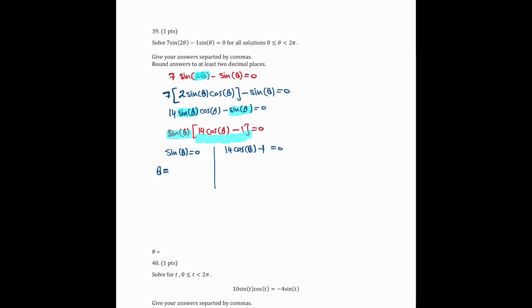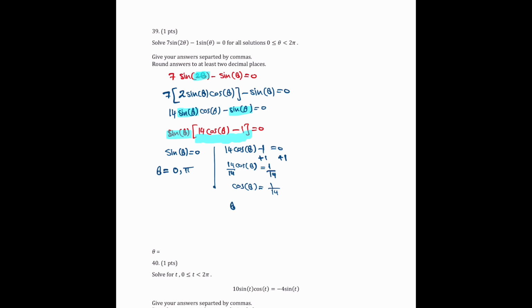That is when theta is equal to 0 and pi. Then to solve this equation, I'm going to add 1 to both sides. I have 14 cosine theta equals 1. I'm going to divide both sides by 14. So cosine theta is equal to 1 over 14.